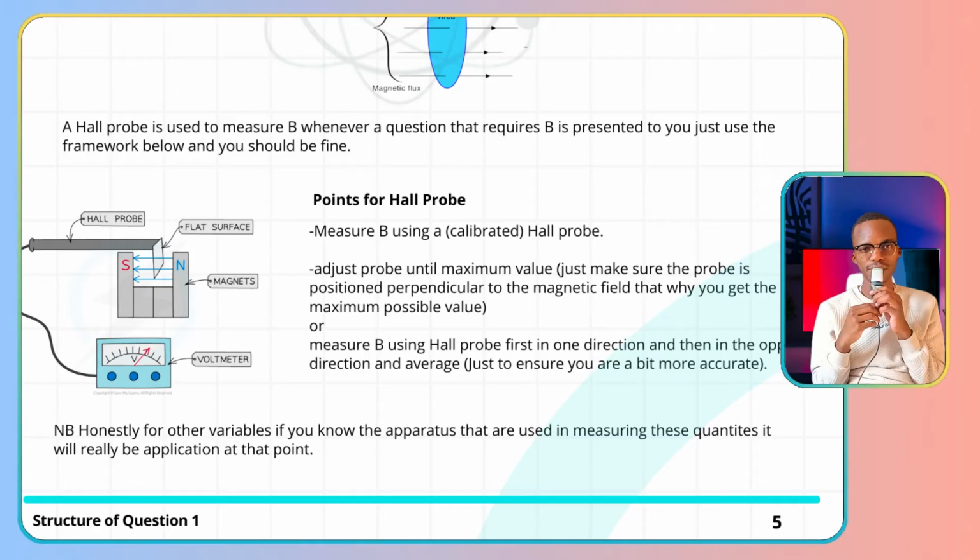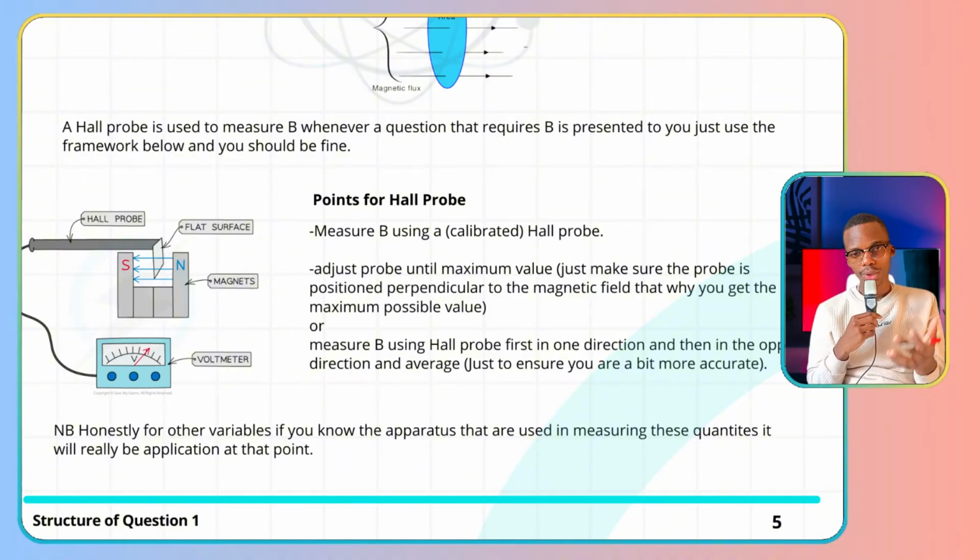The maximum magnetic force is experienced when it's perpendicular to the magnetic field. So I expect to find the direction in which the Hall probe is perpendicular to the field. Only then can I get the maximum reading possible on this Hall probe. So you keep turning your Hall probe until you obtain the maximum reading, right?